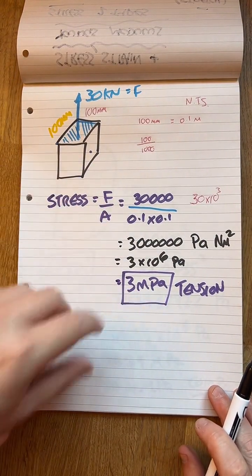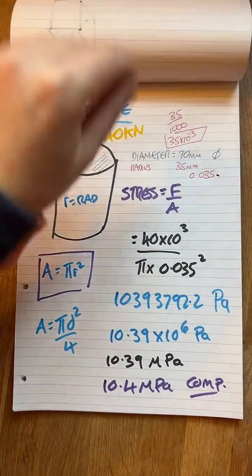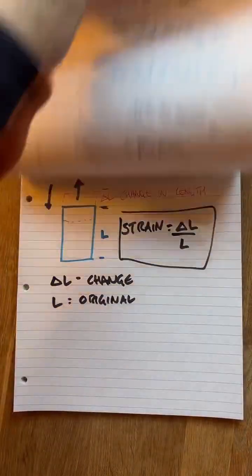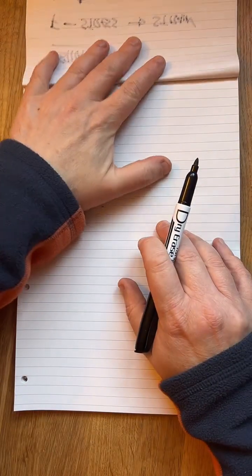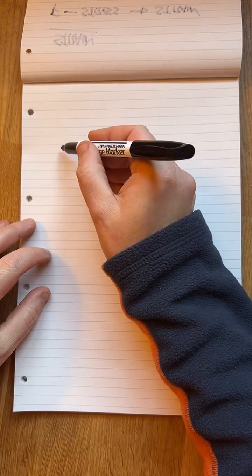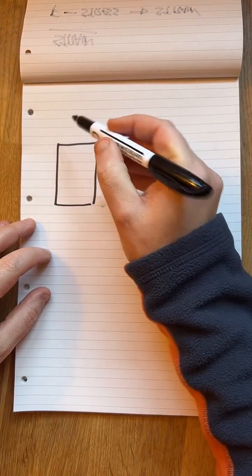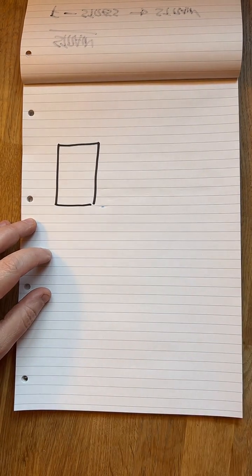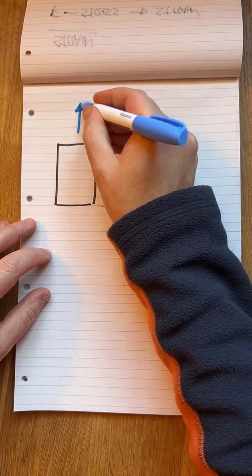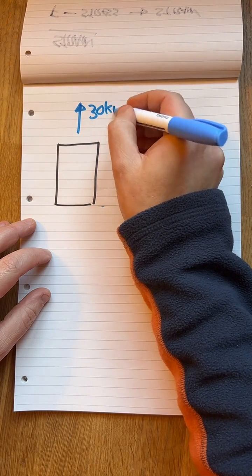100, 3 megapascals, right? So this one, let's work out the strain on this thing. Here's my square object again. Remember we had 30 kilonewtons coming up.